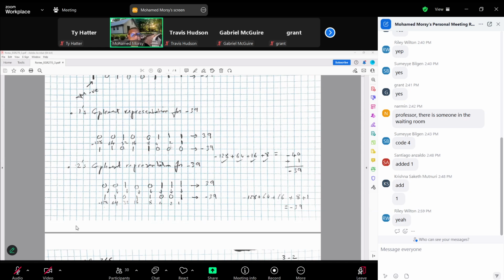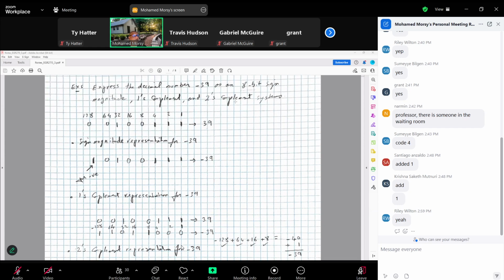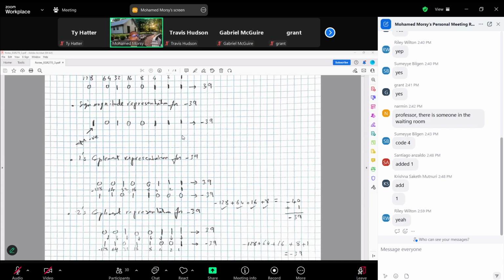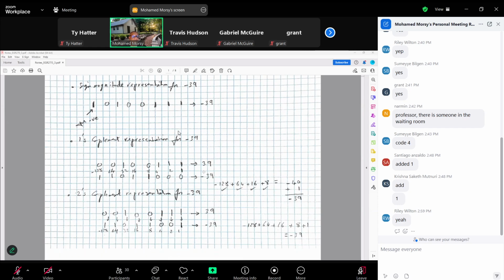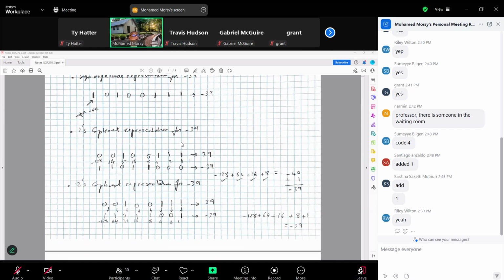Any question, please? So again, in the 1's complement representation, we put the positive number here. I use 8 bits, so by default you will see the last bits are zeros. Then using 1's complement representation, we just invert the numbers.